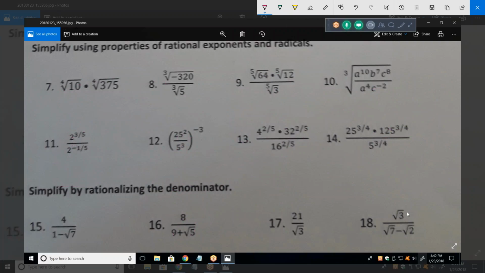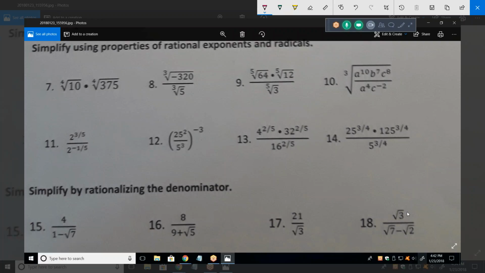All right, let's do 10. It's different. It's the easiest thing to do for starters on 10. Simplify the inside stuff.